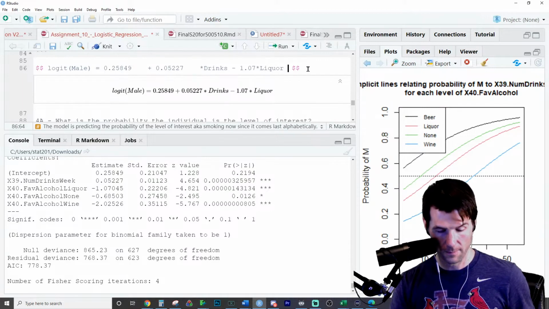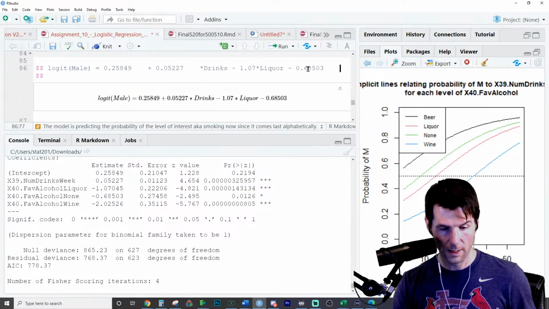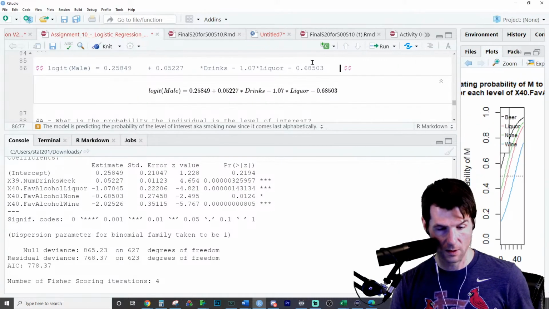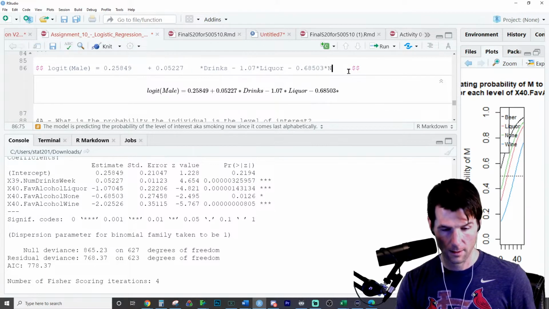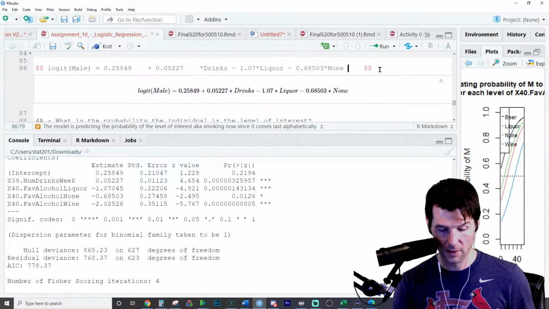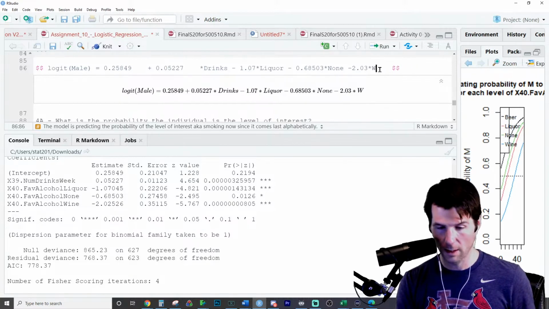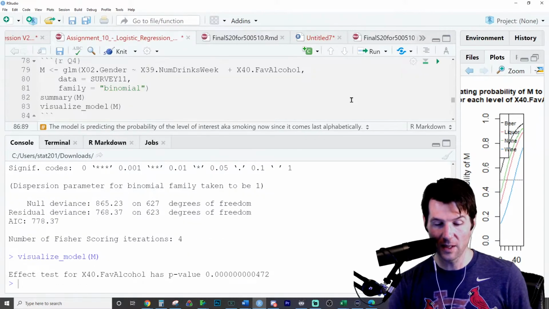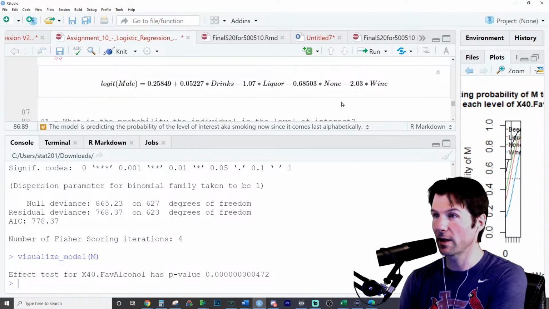And then minus this times none. I'm just algorithmically going through, and then minus this times wine. Does it make sense how I was able to write this equation?